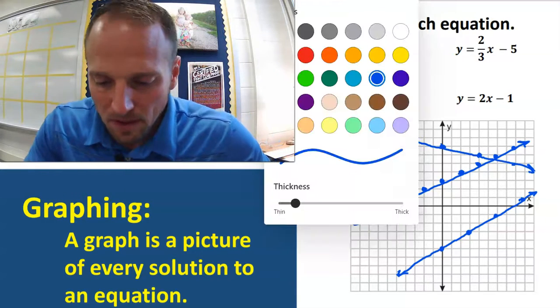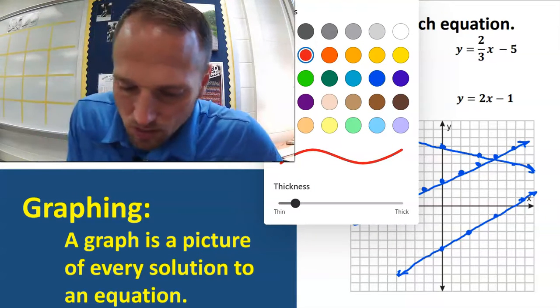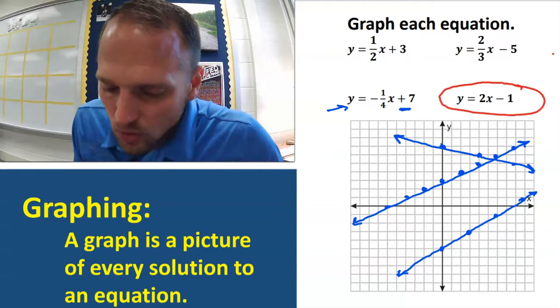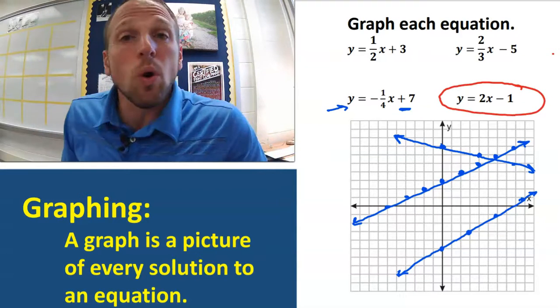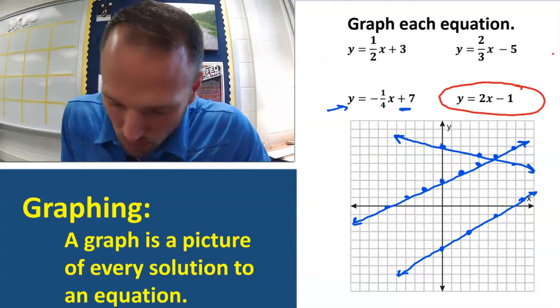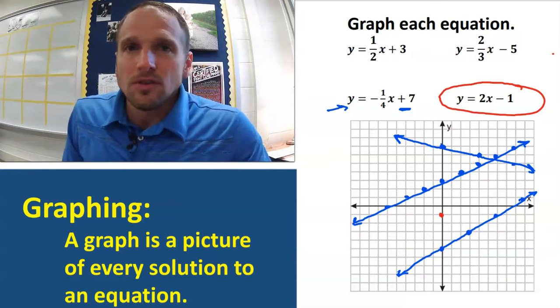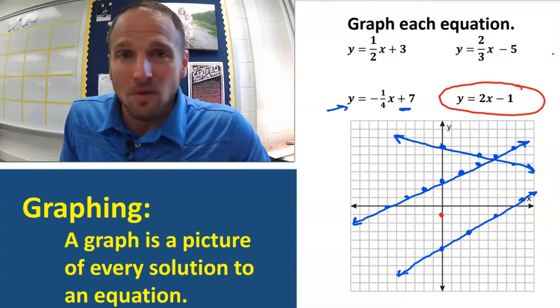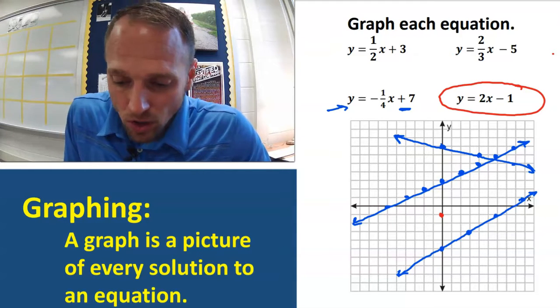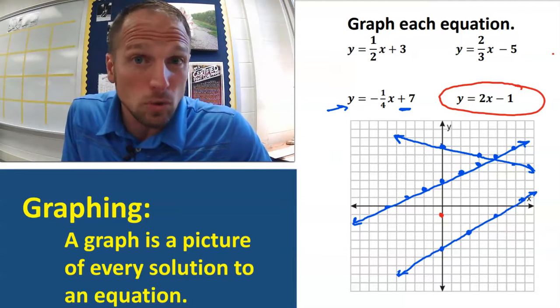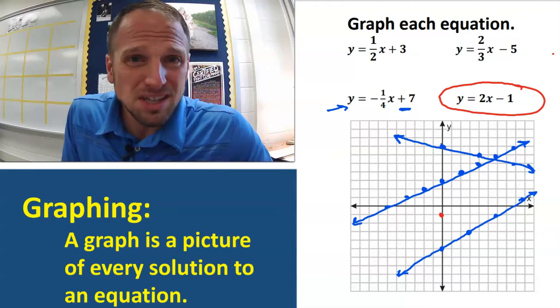All right, let me do this last one in red so that we can see it a little bit clearer. So y equals 2x minus 1. So our y-intercept is -1, so we're going to go down 1. Now, let's look at this. Slope is like the only time ever where fractions are easier. So our slope is 2, because that's the number in front of the x. Our slope is 2, but what exactly does that mean?